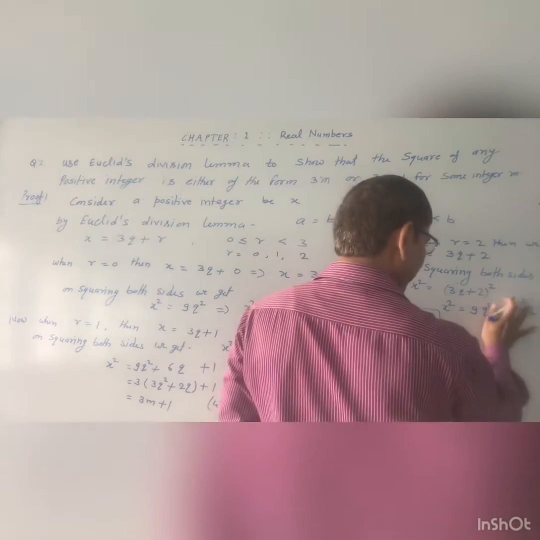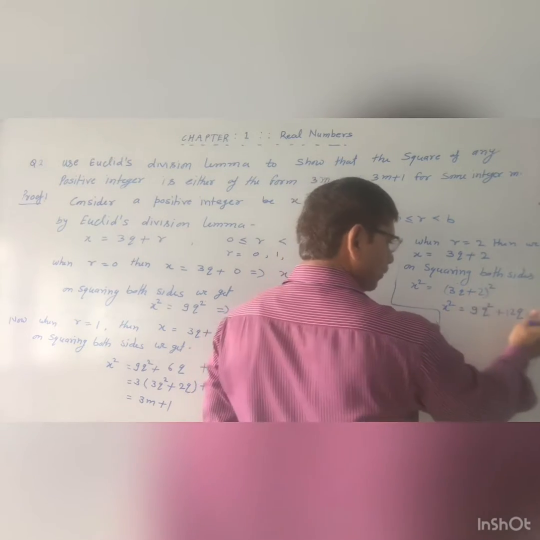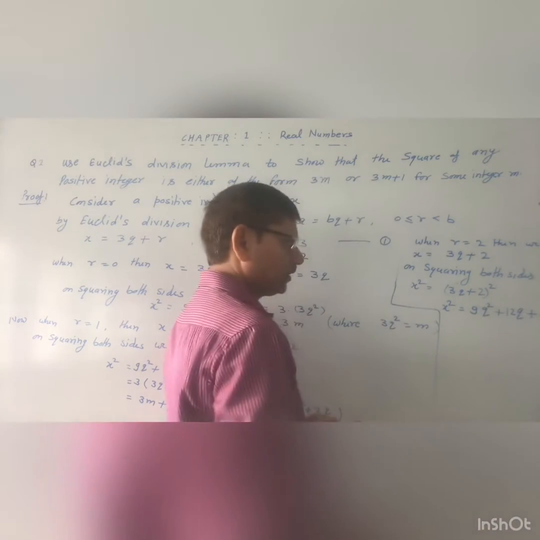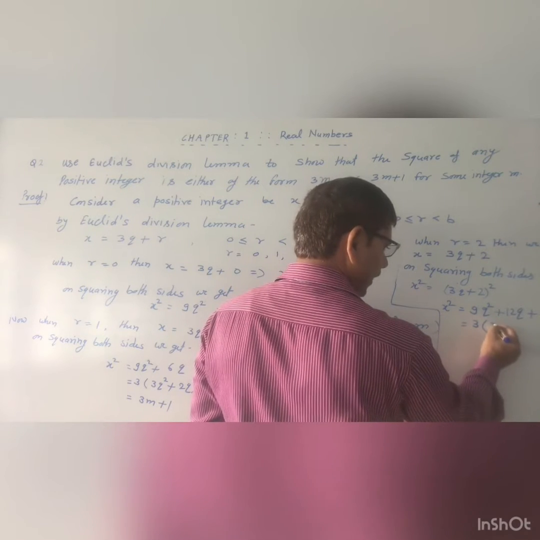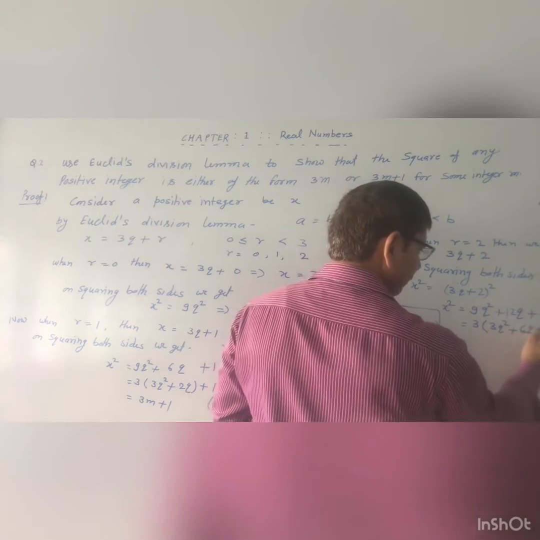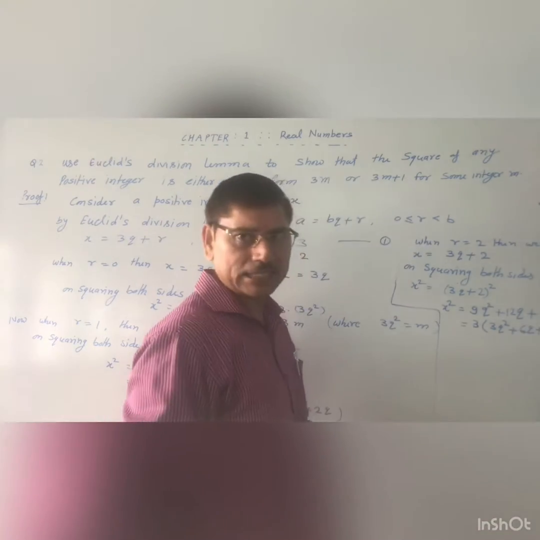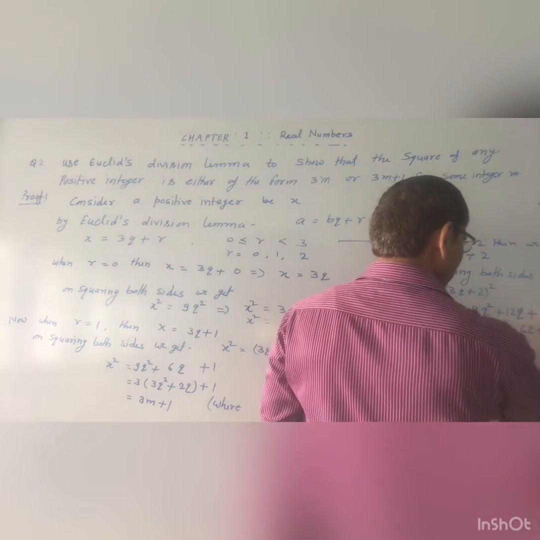So you will write 12q, and plus b square. b square means 4. Now again take 3 as common, you will get 3q square plus 4q, and 4 is written as 3 plus 1.